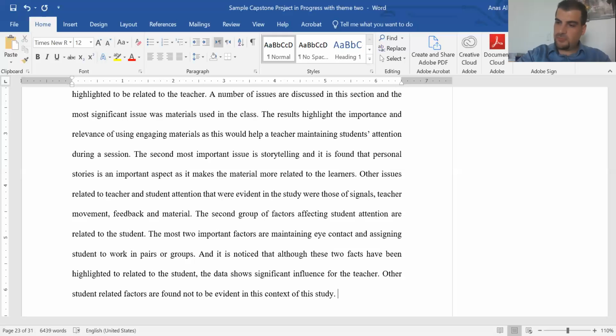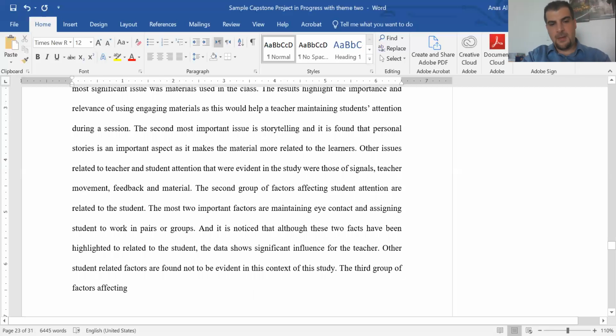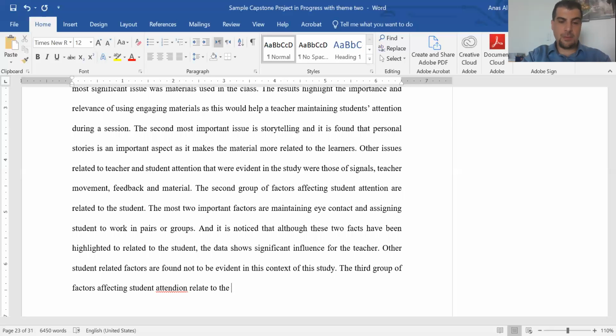We'll stop. Now I'll move to the third theme. The third group of factors affecting student attention relate to the context.